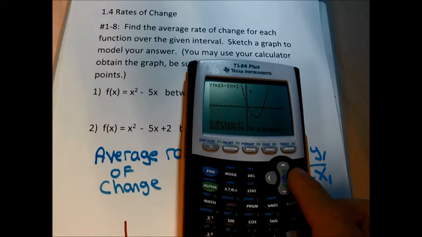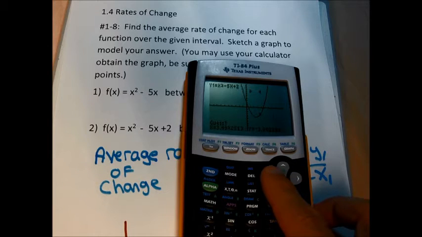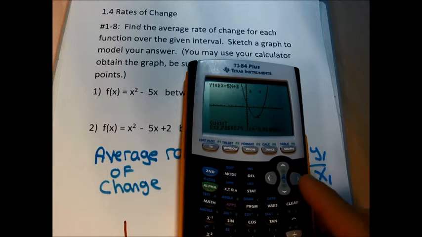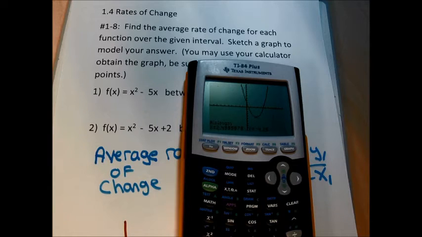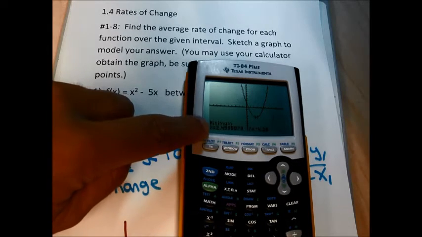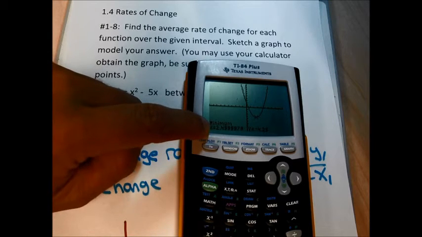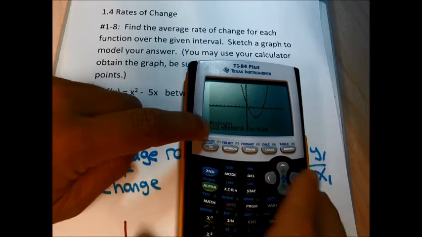I get kind of close to the vertex but to the right of it. And then I get as close as I can to the vertex, hit enter, and it's going to tell me what the vertex is. Well, I'm going to round that 2.4999 number to 2.5 because my calculator, once it gets close enough to the vertex, it actually stops. So I believe the vertex is at the point 2.5, negative 4.25.